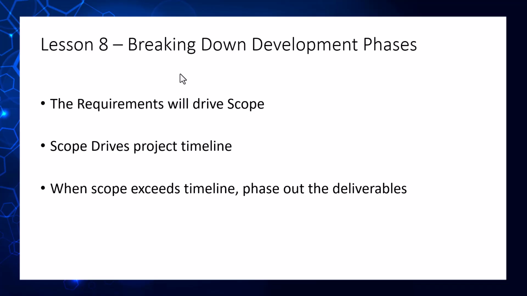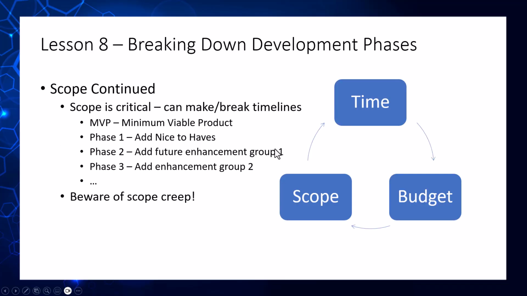And when the scope exceeds that timeline, let's look at what deliverables and what functionality we can push to a later phase or eliminate from the application in order to meet our desired timeline.